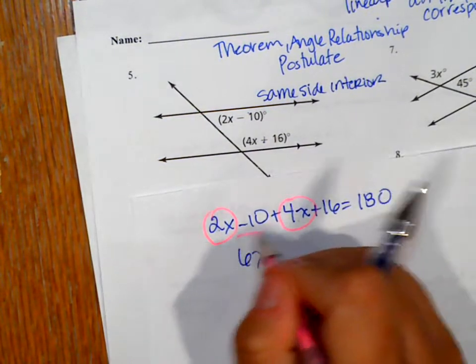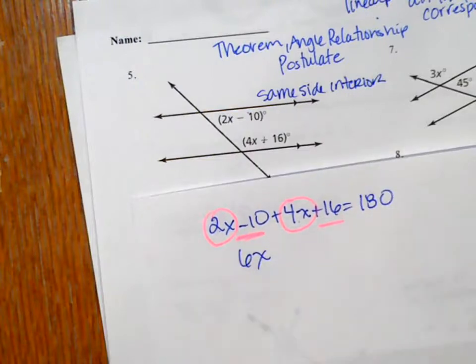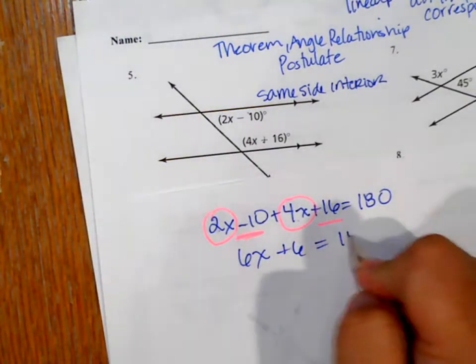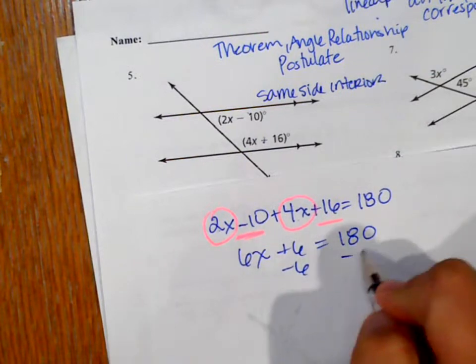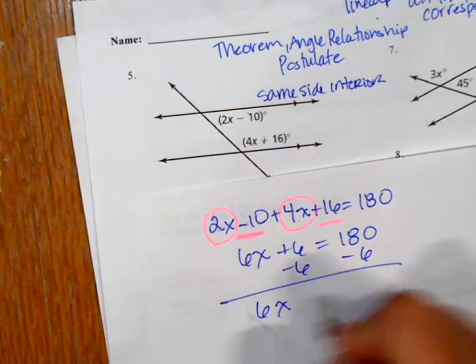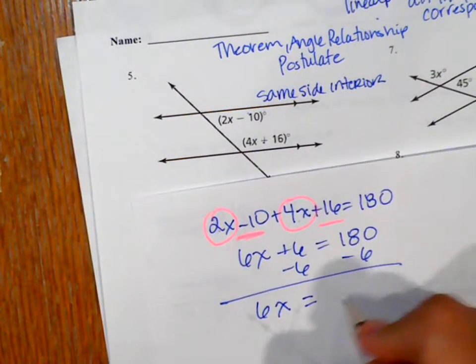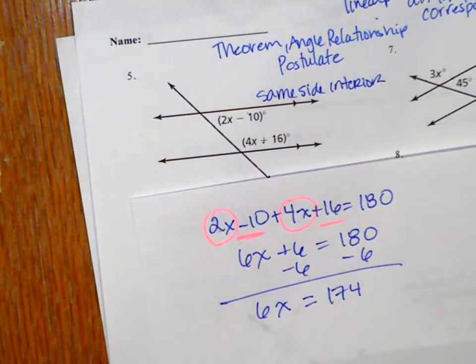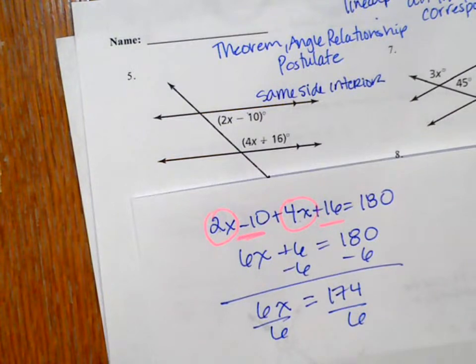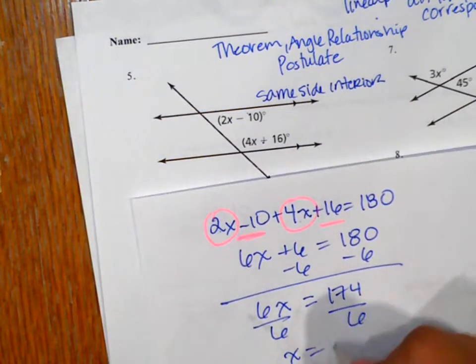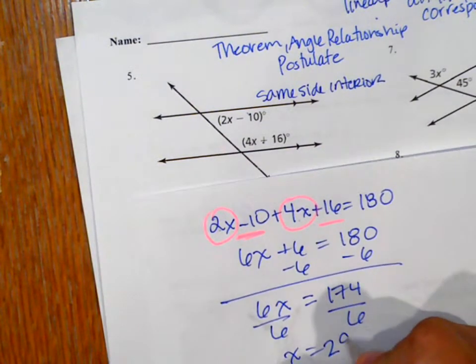And then negative 10 and positive 16 get combined for a positive 6, and that is equal to 180. And then you go ahead and just solve. Subtract 6 from both sides. 6x is going to be equal to 174. Divide both sides by 6. And then x will be equal to 29.